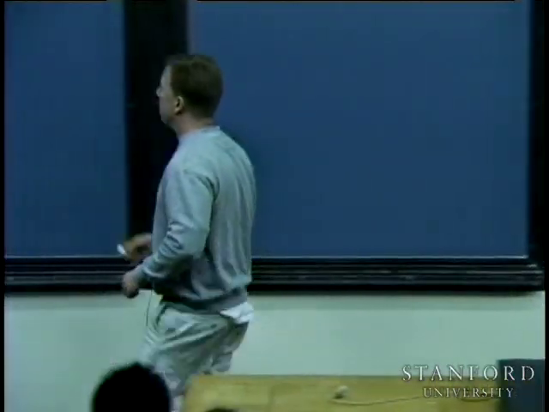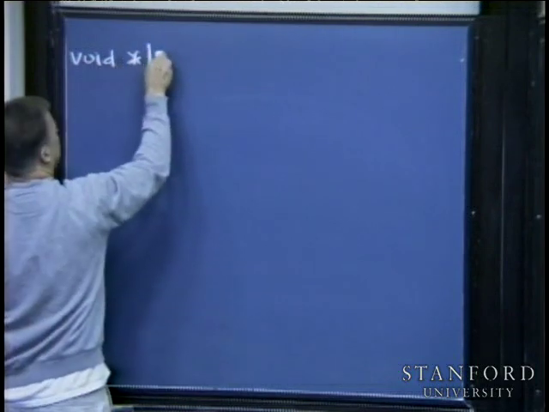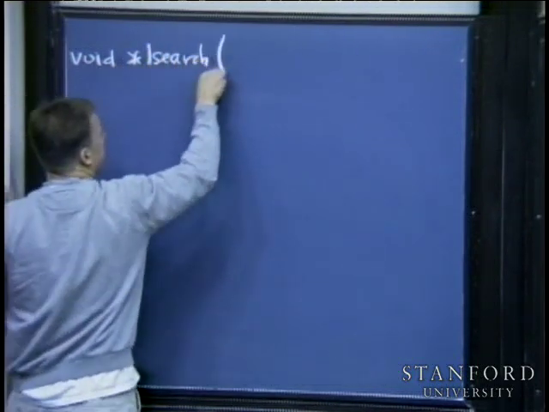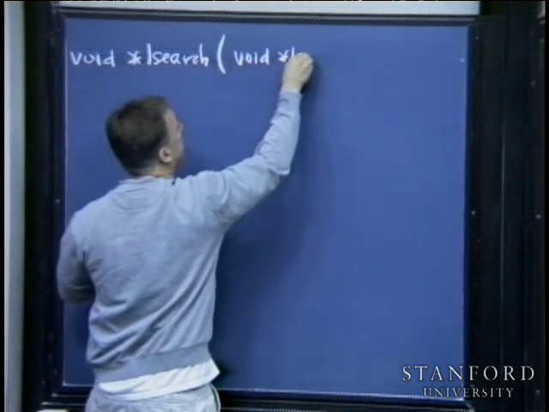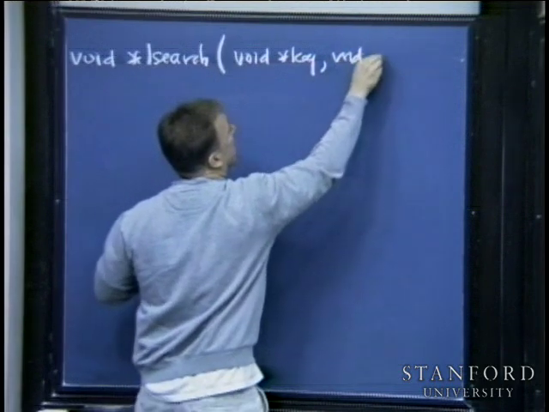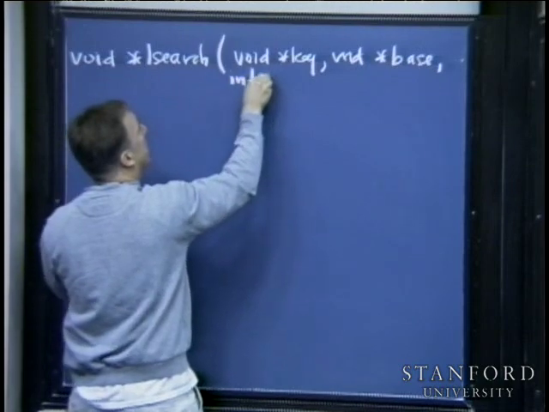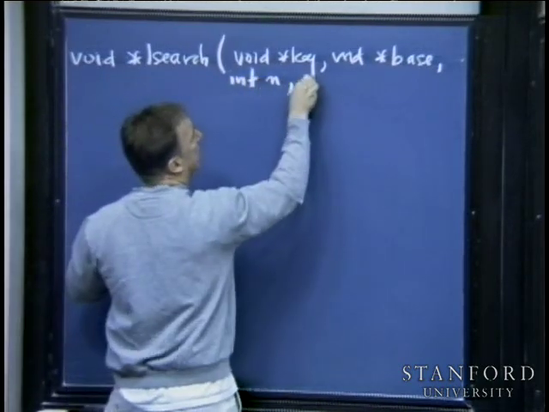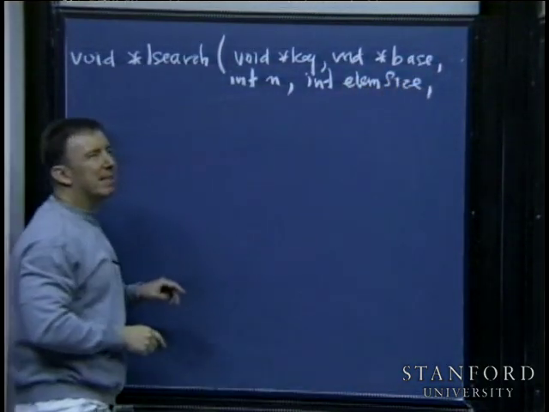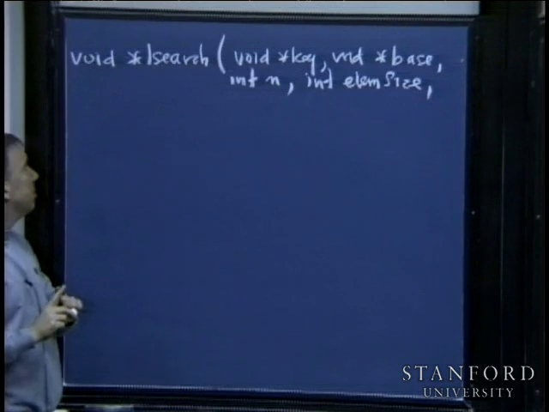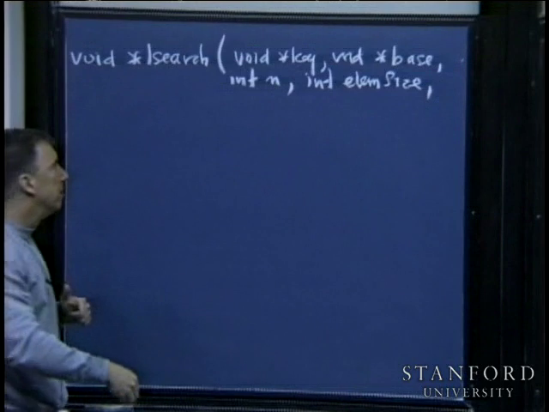So this is what I wrote last time. void *lsearch(void *key, void *base, int n, int elemSize, ...). n is the length of that array, elemSize is the size of the elements, and that's technically all the implementation of lsearch needs in order to figure out where the boundaries are between neighboring elements.